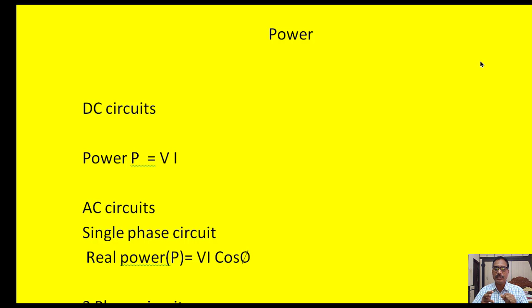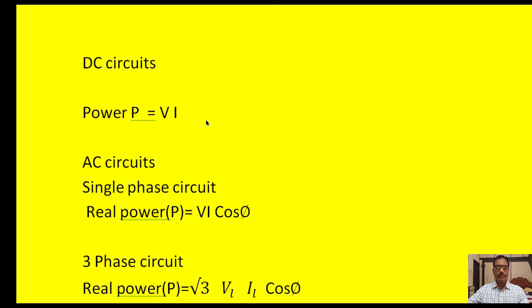Does it belong to the DC circuit or AC circuit, single phase or three phase circuit? So to understand it better, let me consider first the DC circuit. In case of DC circuits, the voltage and current are in phase across the load.